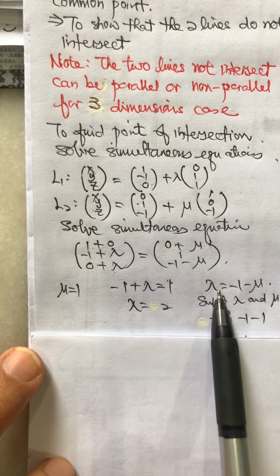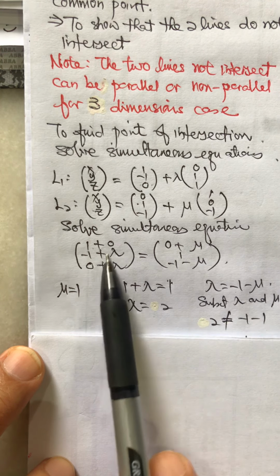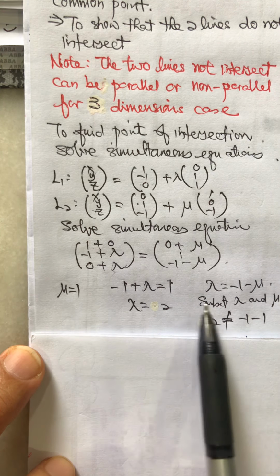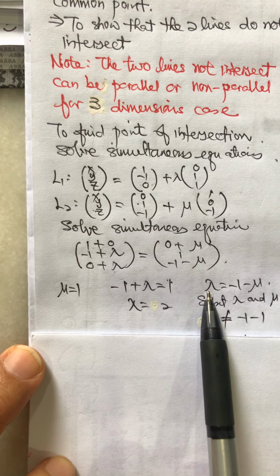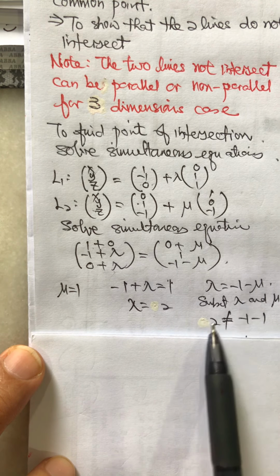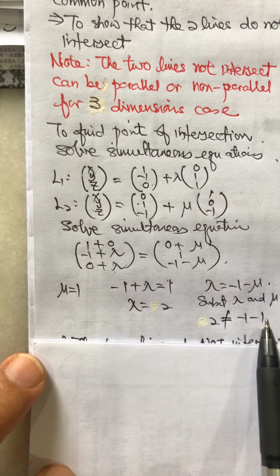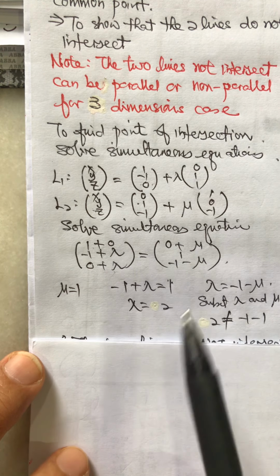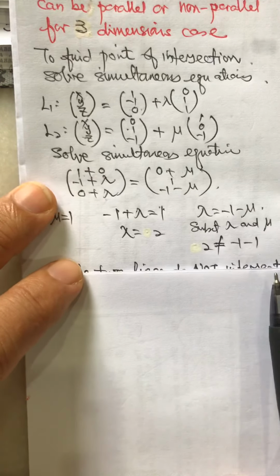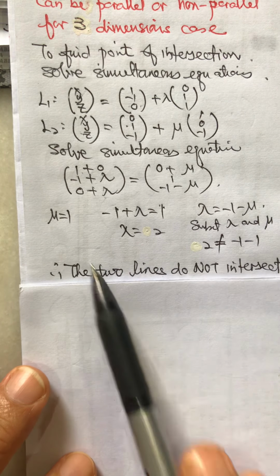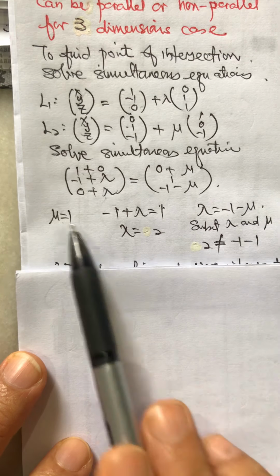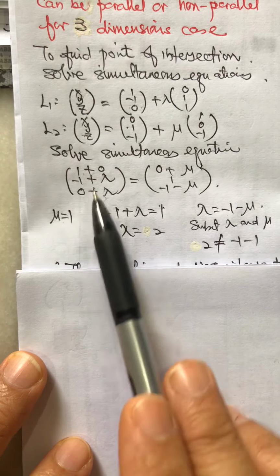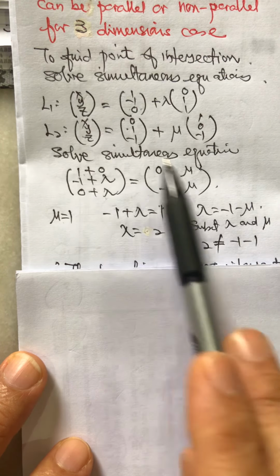Then when you substitute here, they must be consistent. When I substitute lambda equals 2 here, and mu equals 1 here, I get 2 and -1, which are not equal. If they are not equal, that means you cannot find a common point. The values of mu and lambda that we found should satisfy all three equations.